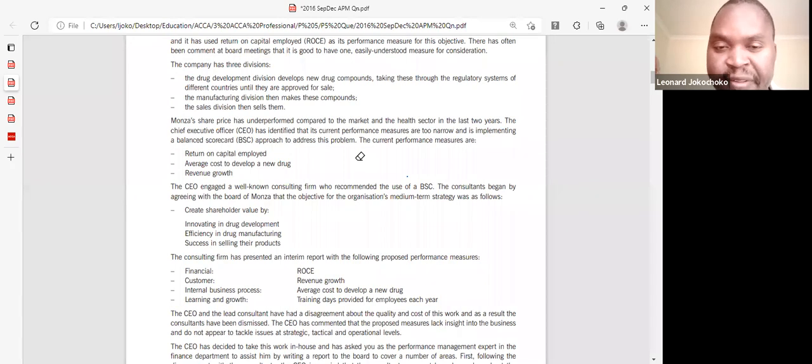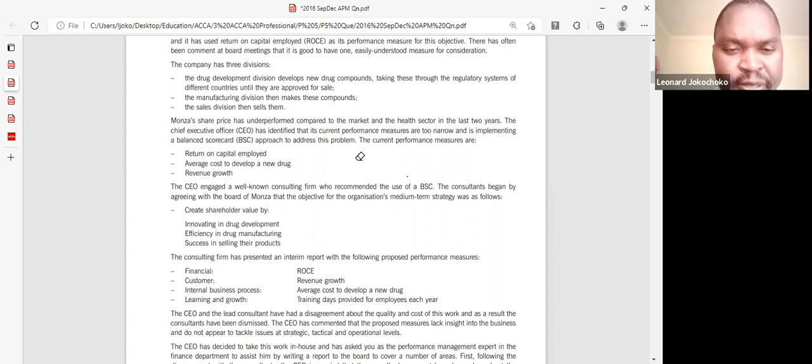The chief executive officer has identified that its current performance measures are too narrow and is implementing a balanced scorecard approach to address this problem. The current performance measures are return on capital employed, average cost to develop a new drug, and revenue growth.